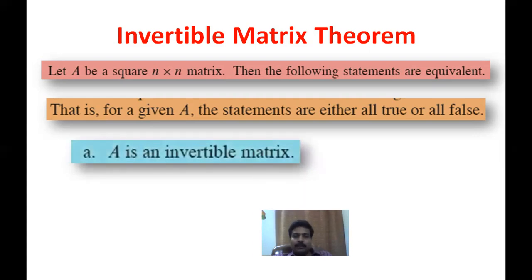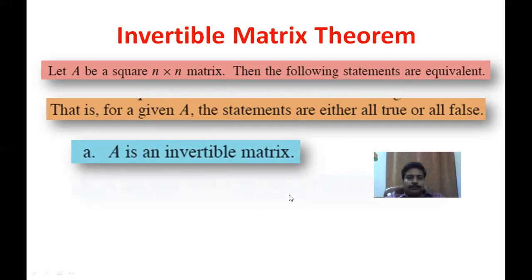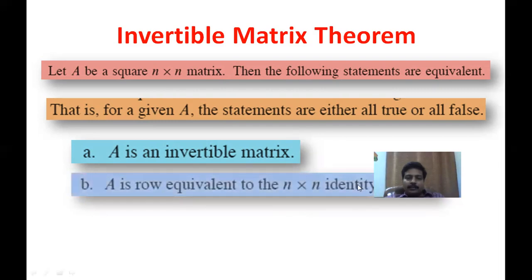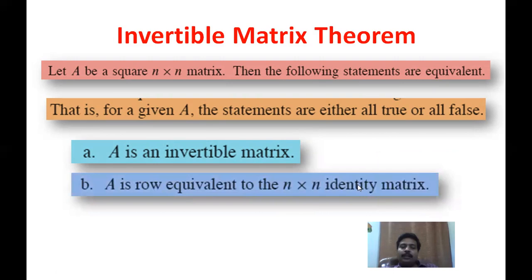And those statements are: first, A is an invertible matrix, and A is row equivalent to the n by n identity matrix. So that means whenever A is an invertible matrix, you can reduce A into the identity matrix, and vice versa, of course.